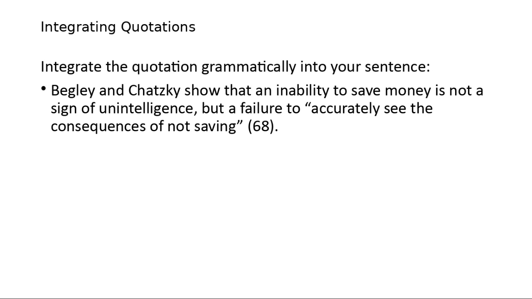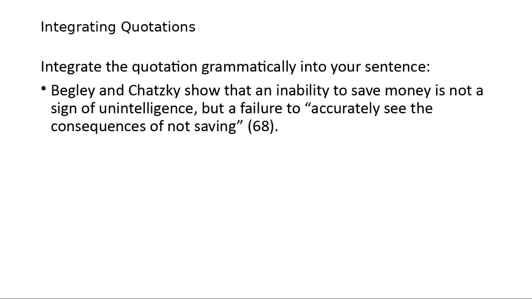So if I say, in this case, Begley and Chatsky show that an inability to save money is not a sign of unintelligence, but a failure to accurately see the consequences of not saving, that's an integrated quotation, all right? One way you can tell that it's an integrated quotation, if I read the quotation aloud, you can't necessarily tell when the quotation begins.